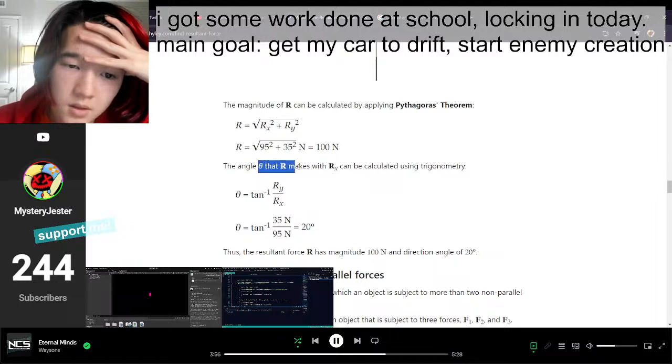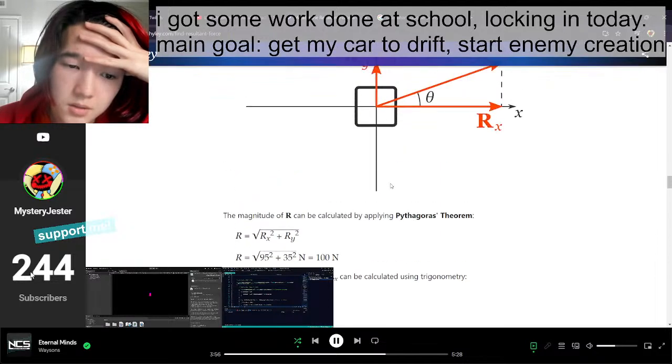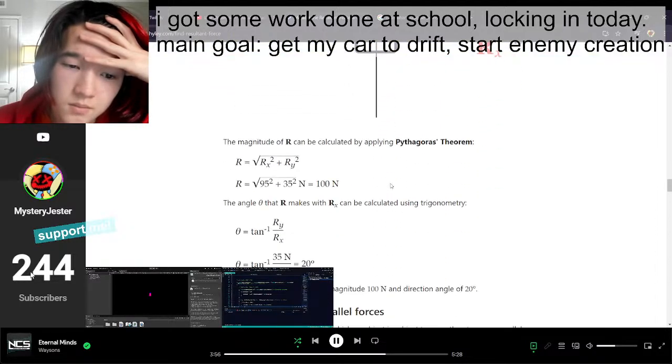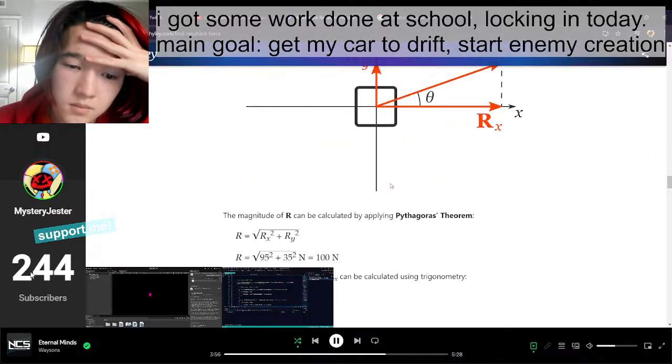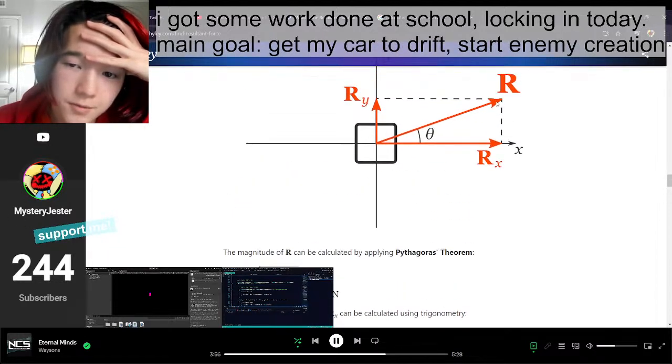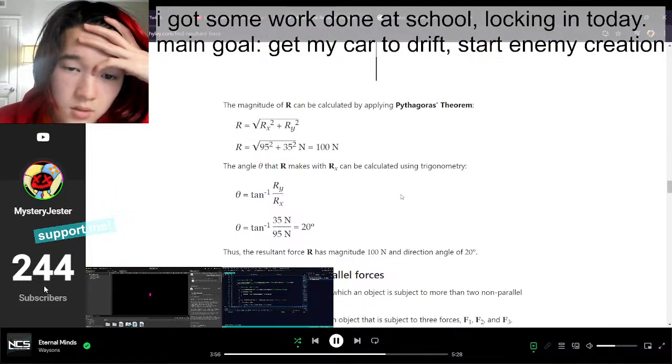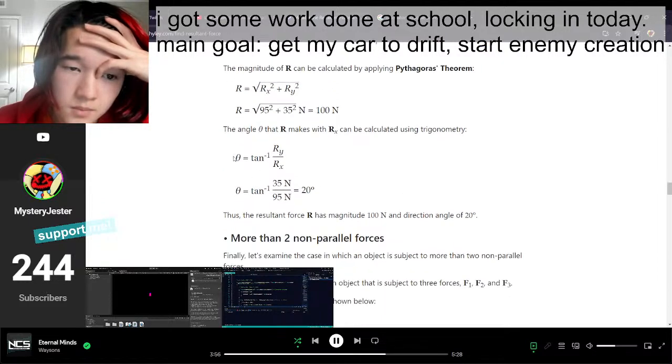The angle theta that r makes with r sub x can be calculated using trigonometry. Oh, r makes, like, from r sub x. Right, because you could also take the other theta value here, but you're taking this one specifically. So, theta equals inverse tangent of r sub y over r sub x.